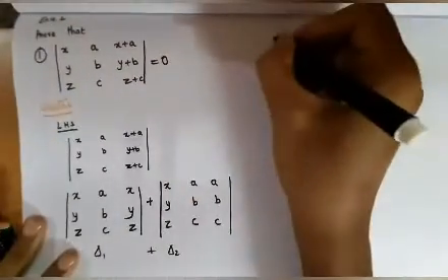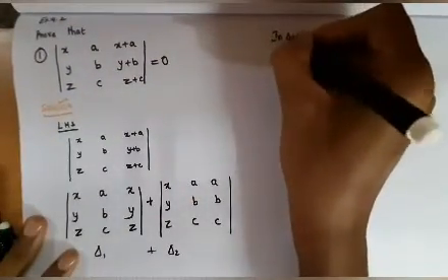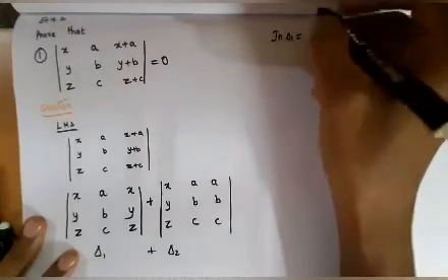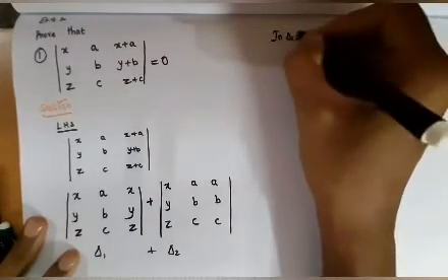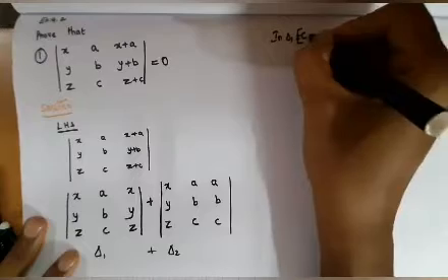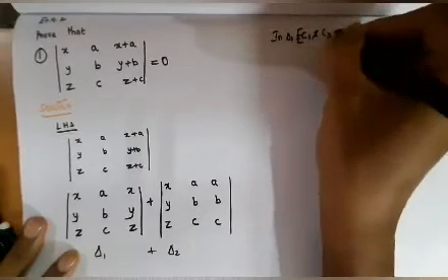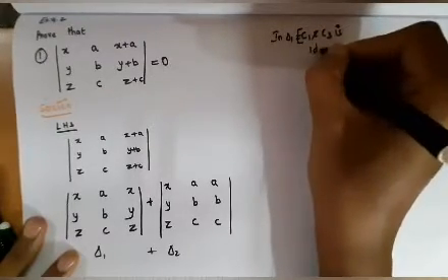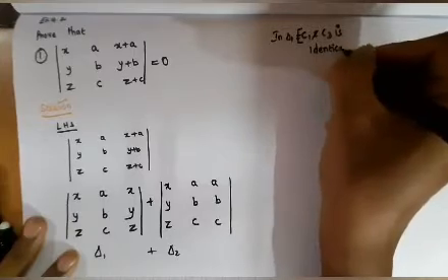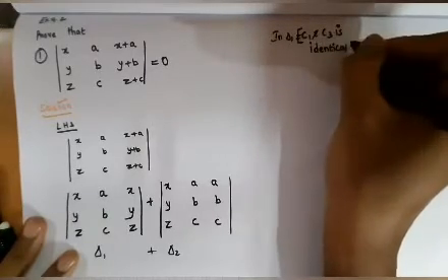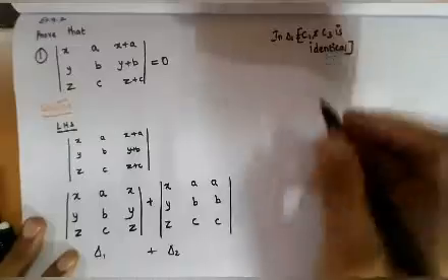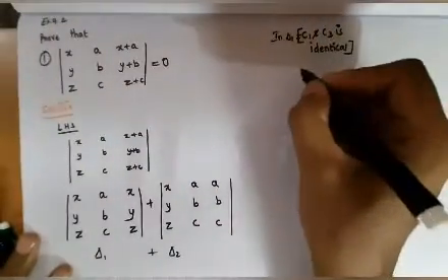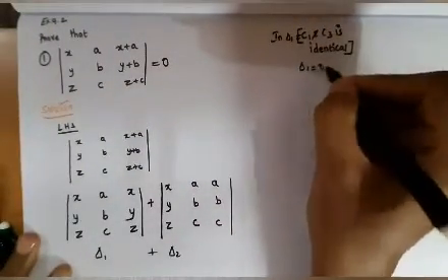So in del 1, C1 and C3 are identical. Therefore del 1 is equal to 0.